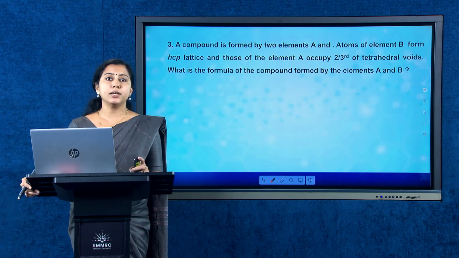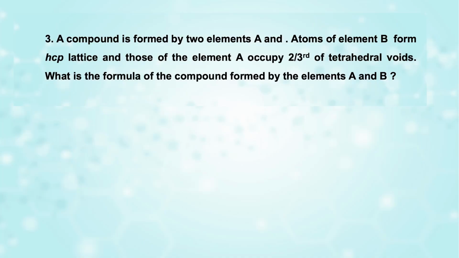Now, we will move on to the third question. A compound is formed by two elements A and B. Atoms of the element B form HCP lattice and those of the element A occupy 2/3 of the tetrahedral voids.